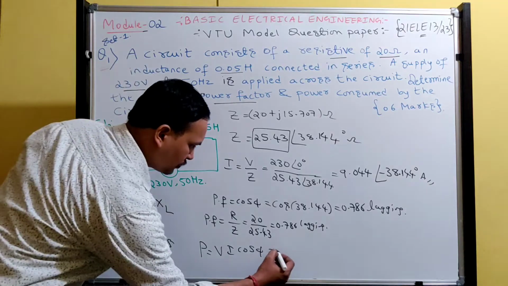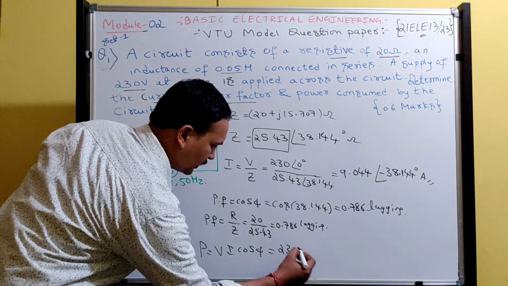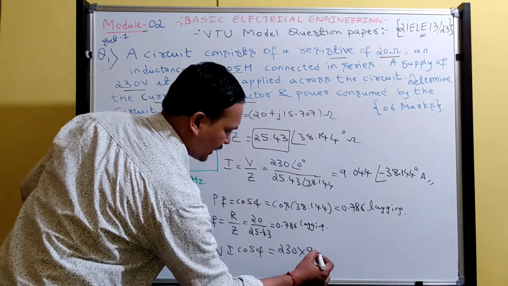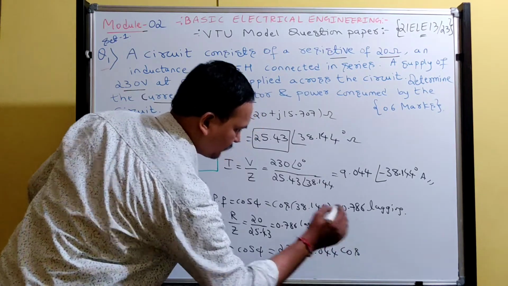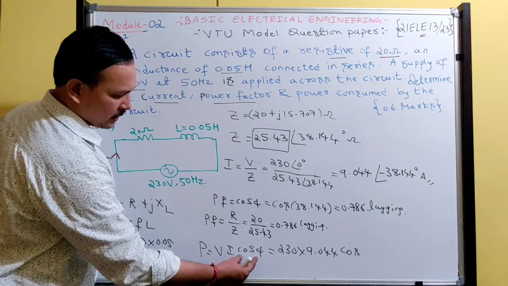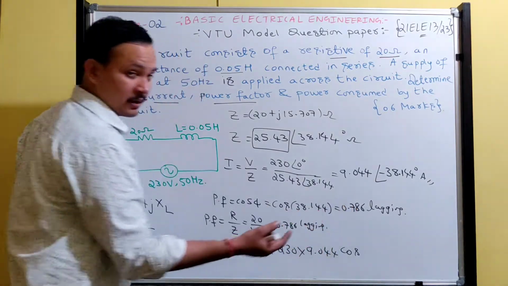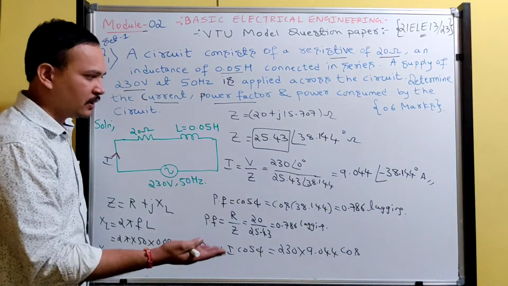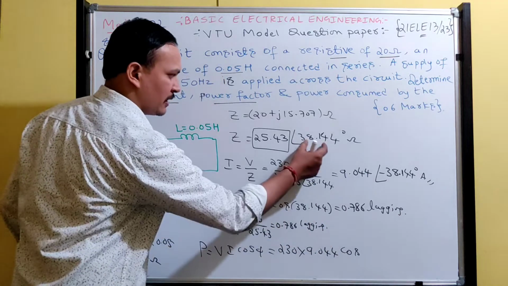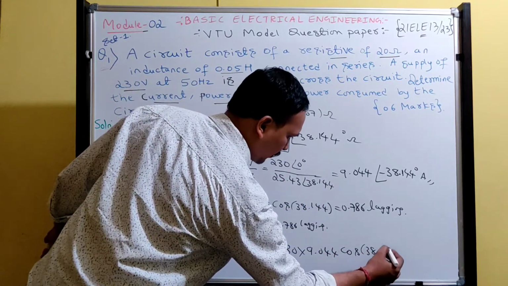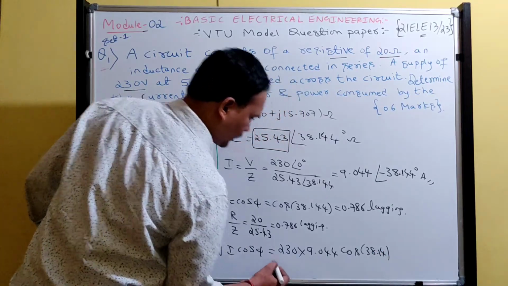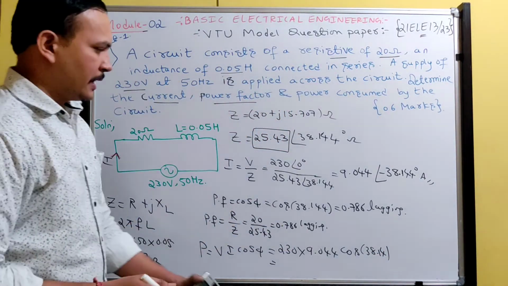V is 230 and the current is 9.044, into cos phi. You already know the cos phi value, 0.786, so you can write that itself. Otherwise, the angle phi is 38.14, and if you do it in the calculator, you will get the answer.